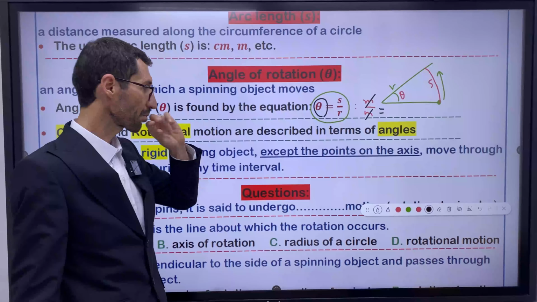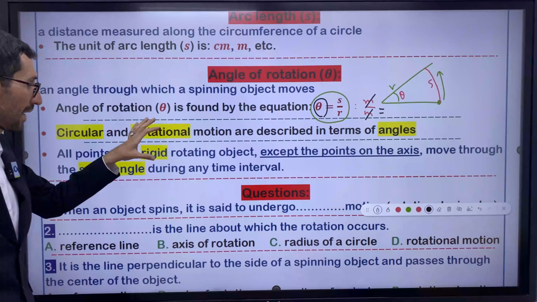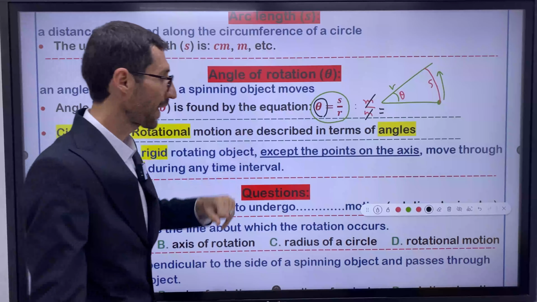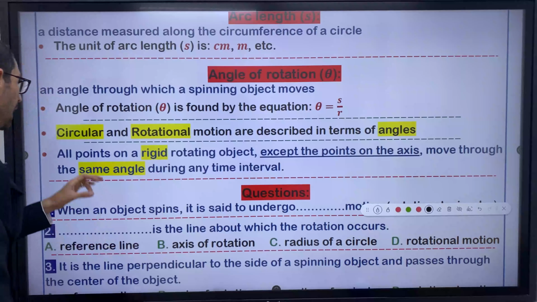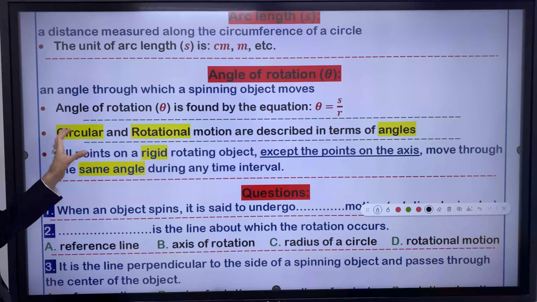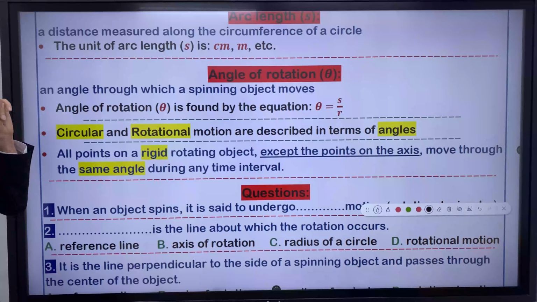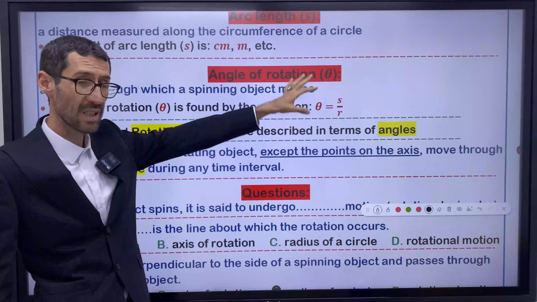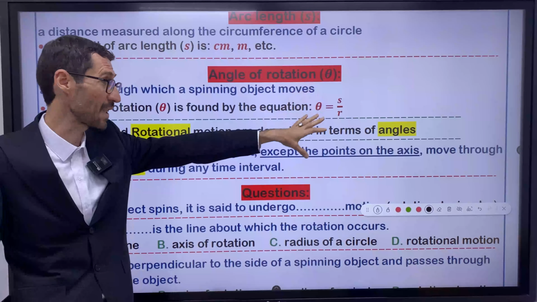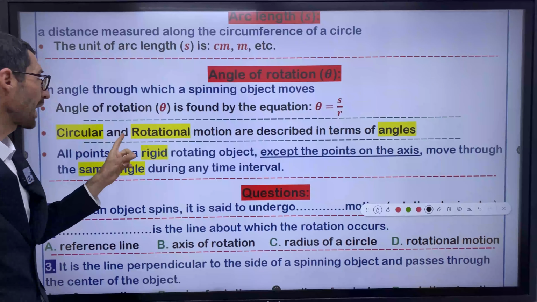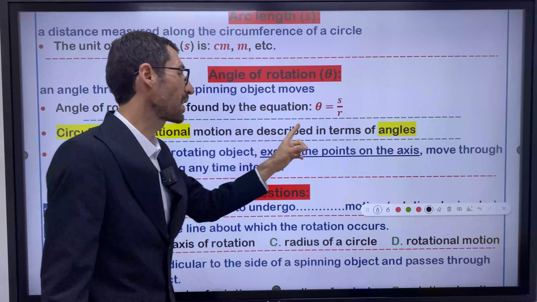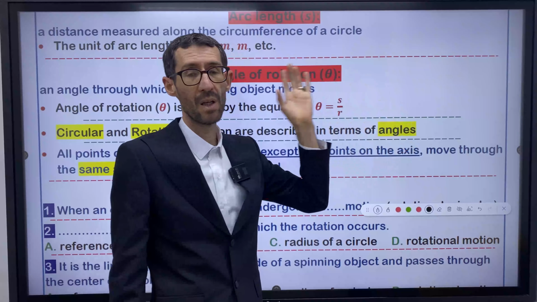Let's say I wrote some notes about the unit of theta, right? We have a note here about the angle of rotation. So this is the equation. I told you this is the first equation of our textbook. Theta is equal to S over R. Circular and rotational motion are described in terms of angles.